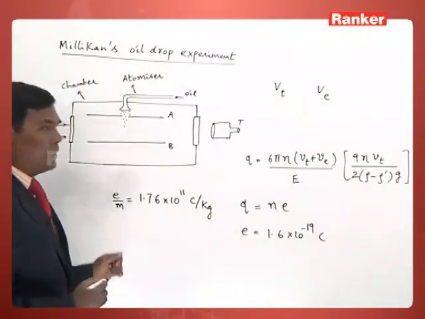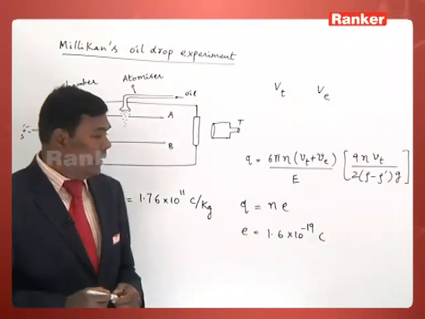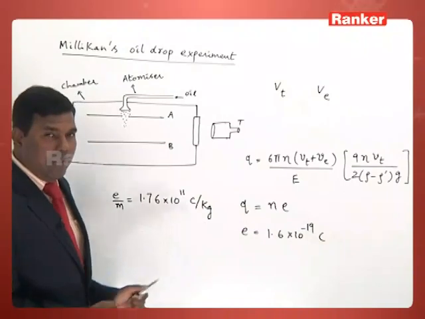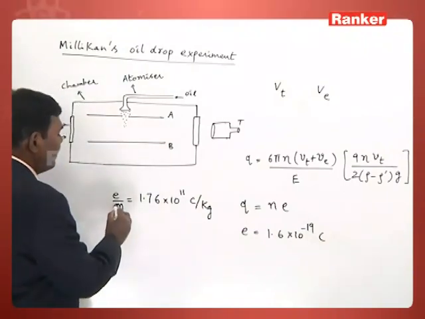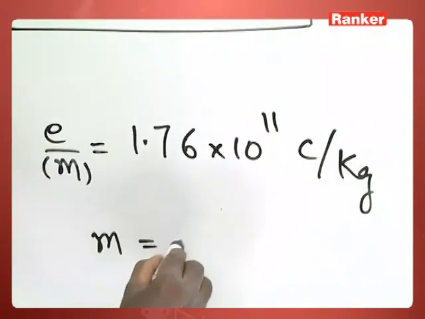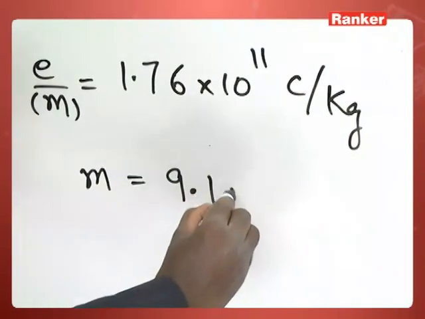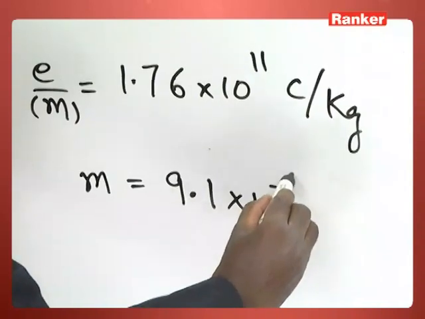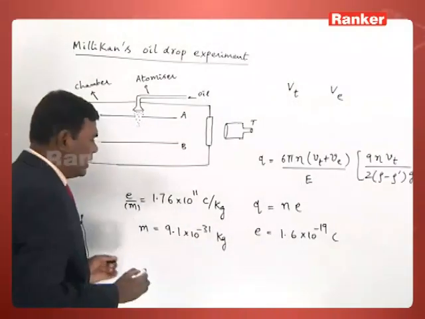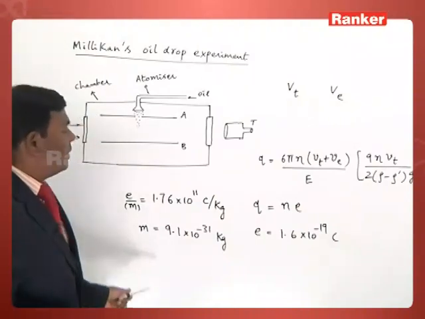This is the specific charge for an electron and this one is the charge of electron. By knowing these two values, we can calculate the mass of electron and it comes out to be 9.1 into 10 power minus 31 kg. So, using this experiment, we can also determine the mass of electron.